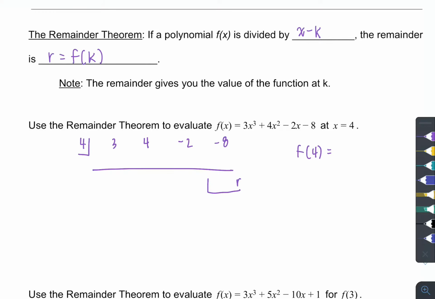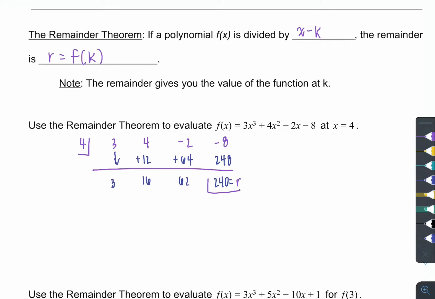So let's go ahead and do that math. Let's drop the 3 down, multiply by 4, add, multiply by 4, add, multiply by 4, and add. So 240 is our remainder.